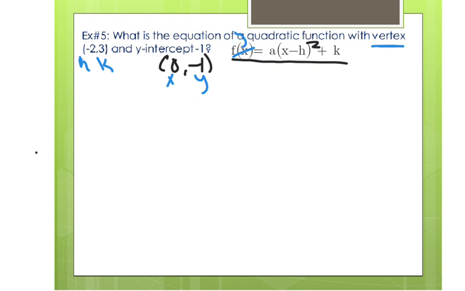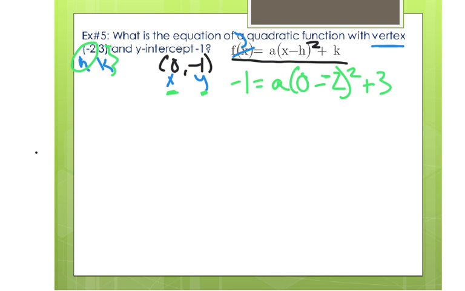So if we're filling in this equation, f of x or y is equal to -1. That's from here. A we don't know, that's what we're trying to find. Parenthesis, our x is 0 minus our h is -2, close parenthesis, squared, plus our k, which is 3.